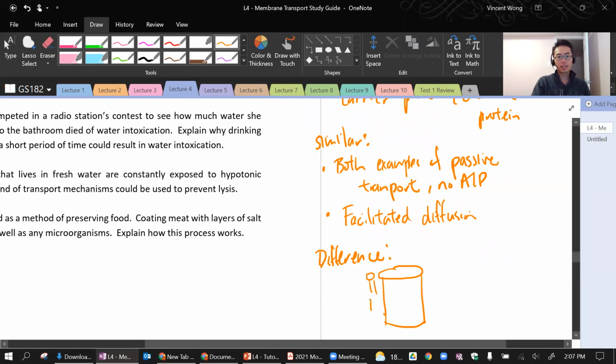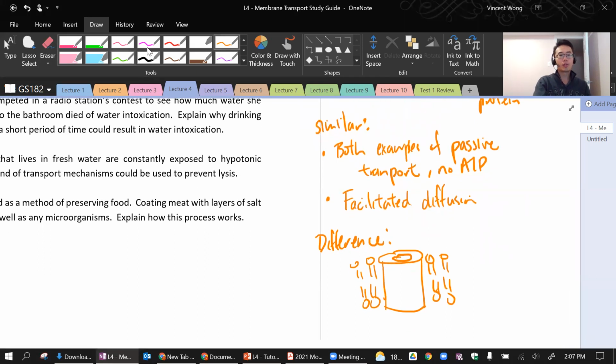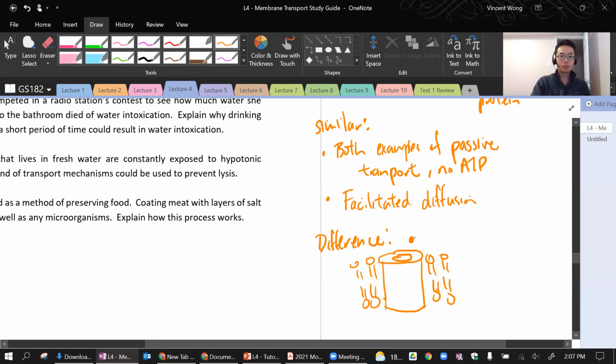Like this is your cell membrane, and then the channel protein would provide a passage, a tunnel, a channel for the molecule to go through. So the molecule, whatever it is, maybe it's charged, maybe it's too big, maybe it's polar, it's just going to go through the middle of the channel protein, and it will go inside. It doesn't have to go in; it could come out.